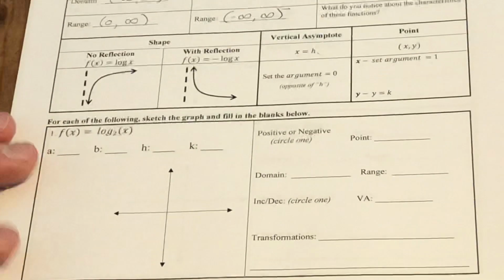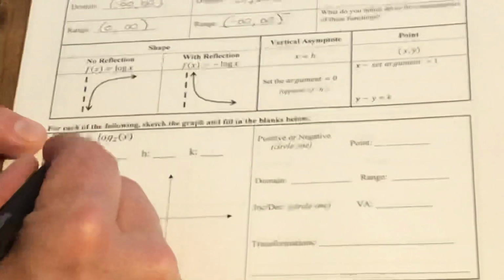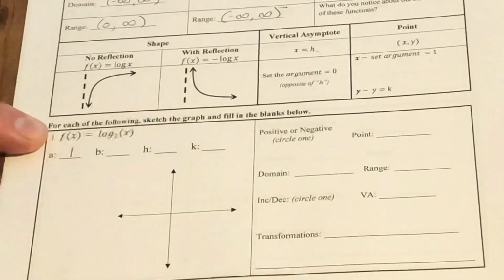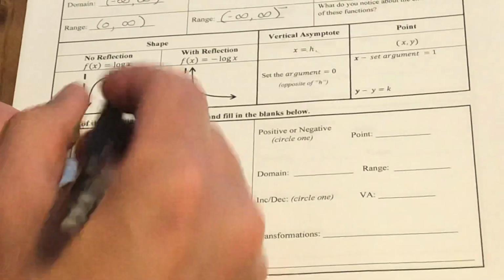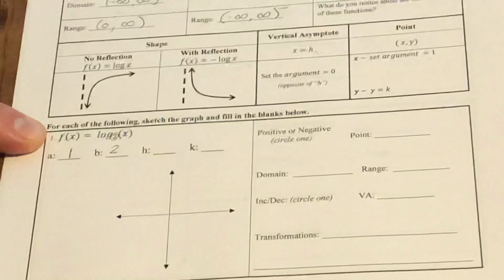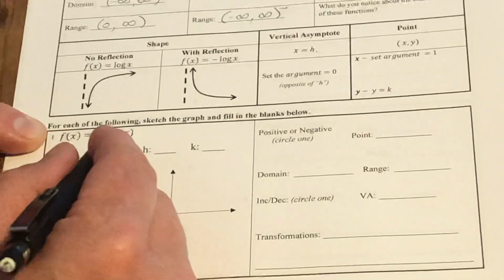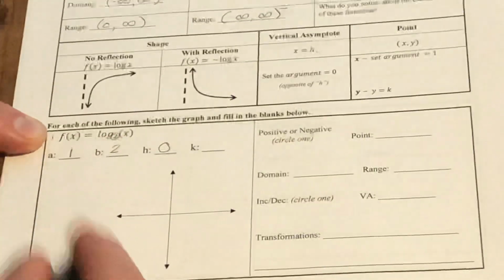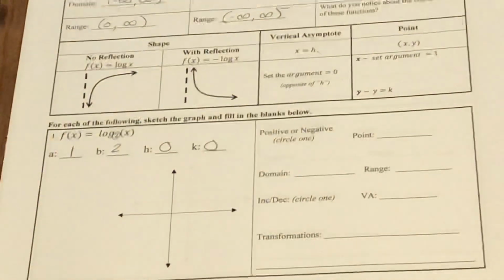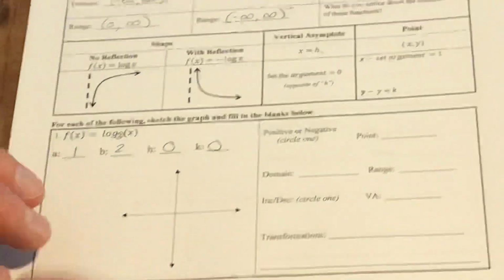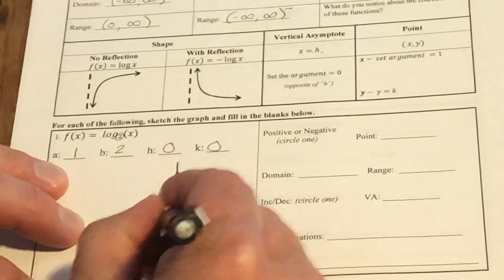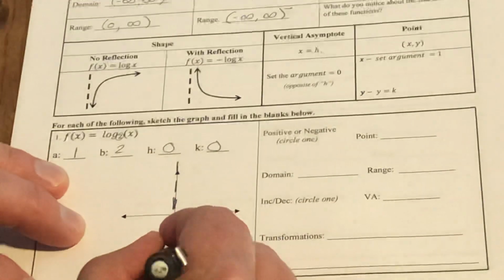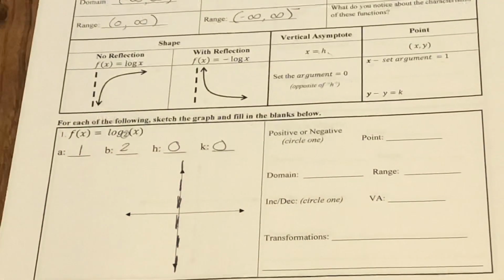Okay? So let's just do one and see where we go with this. If we look at this, we have an a, and our a is 1. We have a b, our b is 2. There's our base. There is no h, so it's 0, and there's no k, so it's 0. So when there's no h and no k in this logarithm function, we know that x equals 0 is our vertical asymptote.